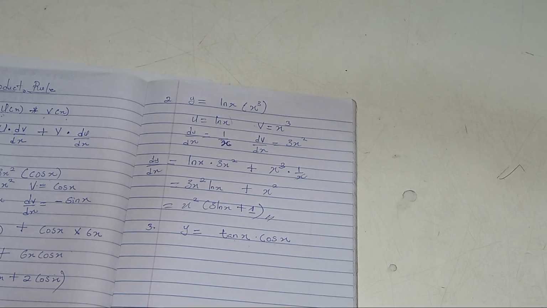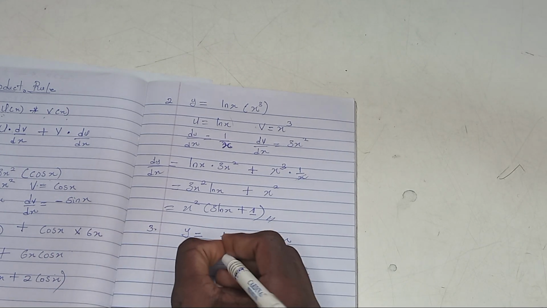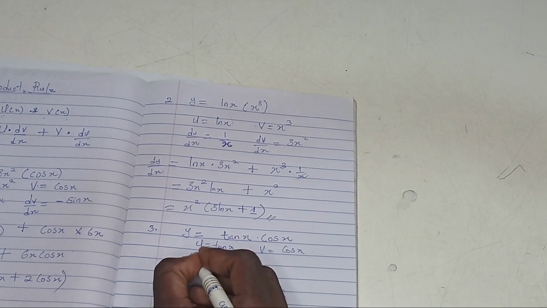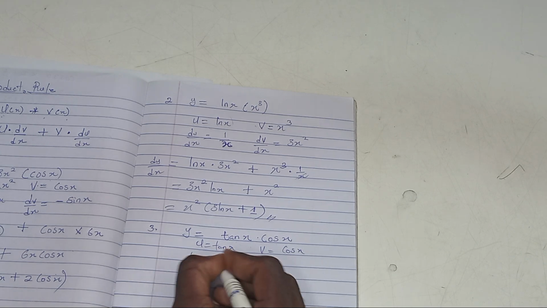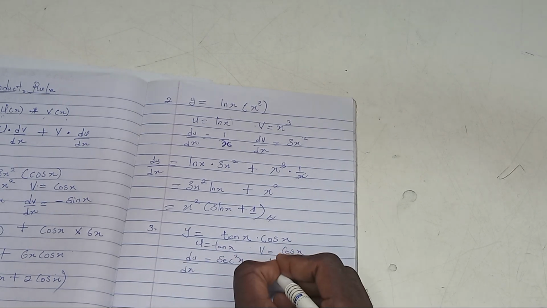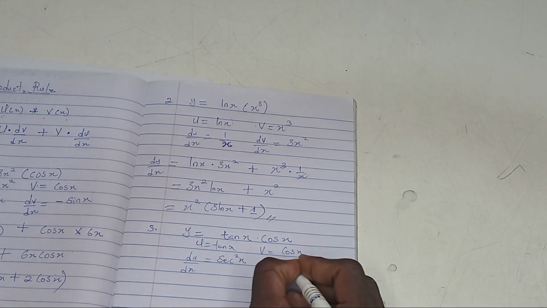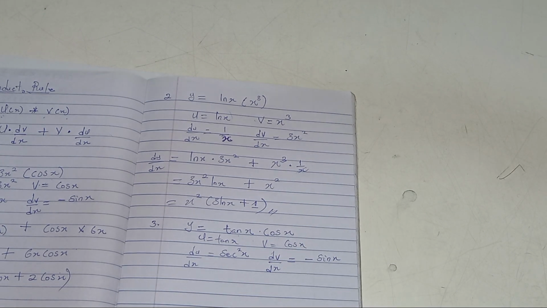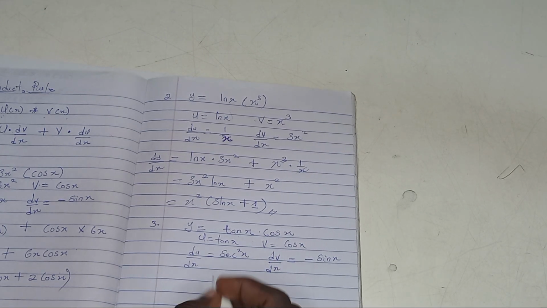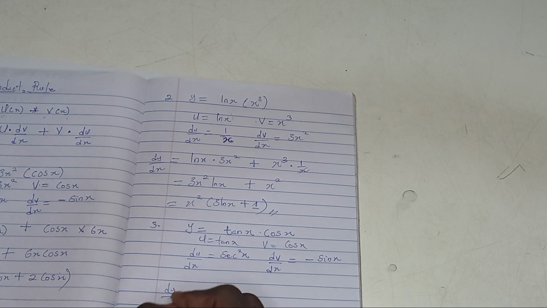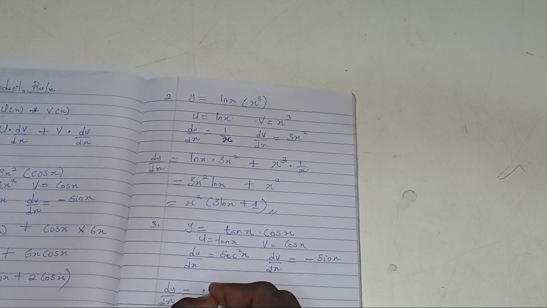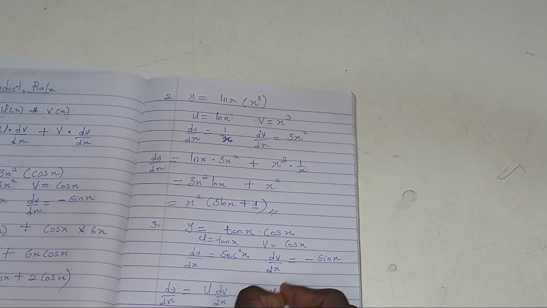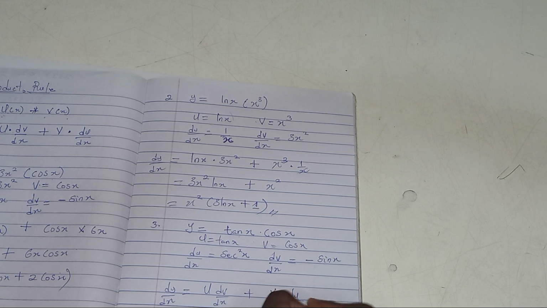Let u equal tan x and v equal cos x. Then du/dx equals sec squared x and dv/dx equals minus sine x. So dy/dx, using our formula, is u dv/dx plus v du/dx.